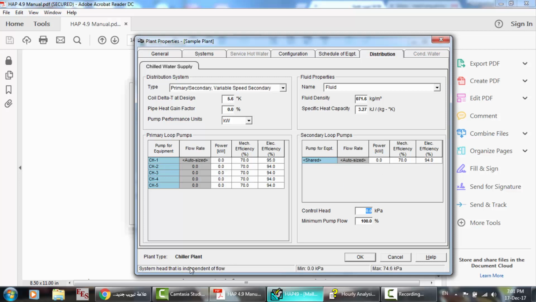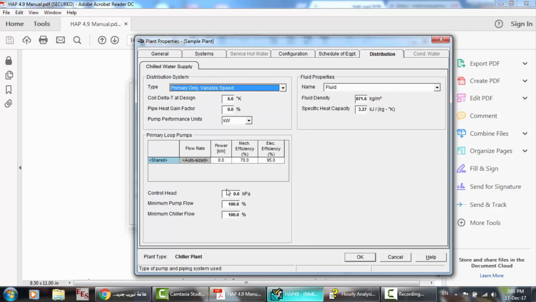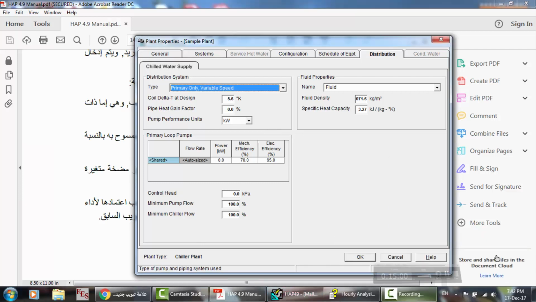And here also the control head, system head that is independent of flow, and the minimum flow allowed, as we have just said.